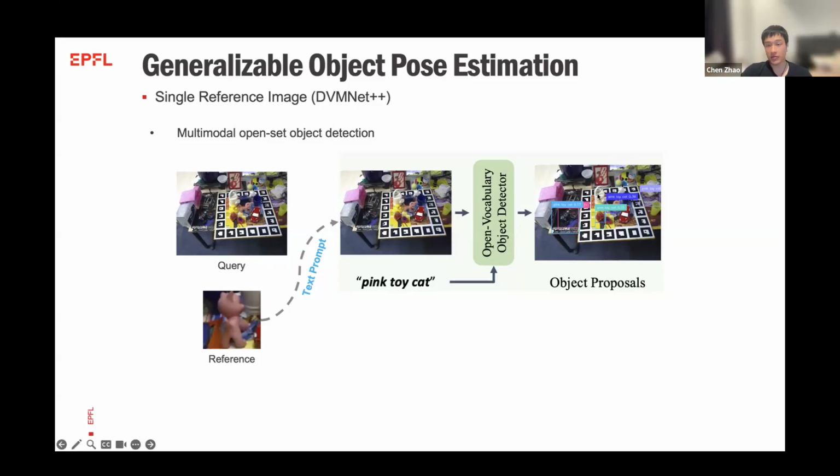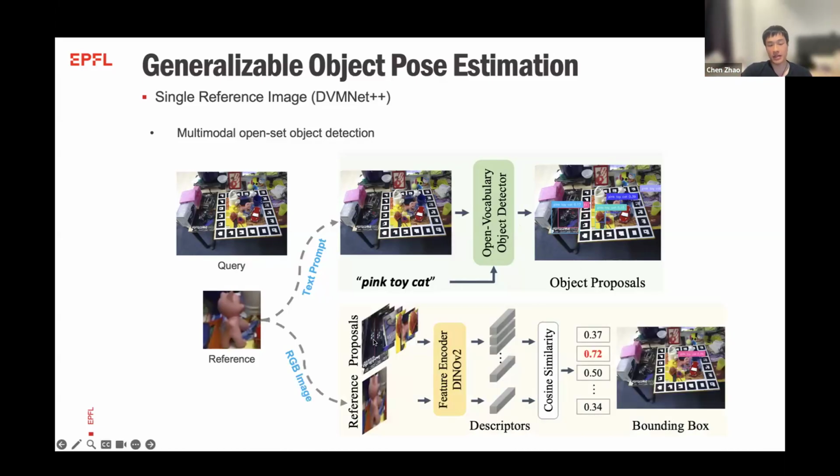There are lots of incorrect bounding boxes, meaning that we still need an algorithm to somehow find the correct bounding box we need from all of these proposals. So that's why we have a second stage. In this module, we feed all of these object proposals with the reference image to a feature encoder network.